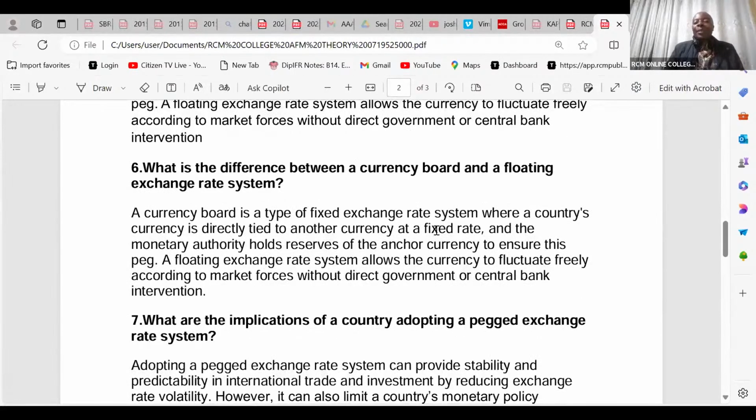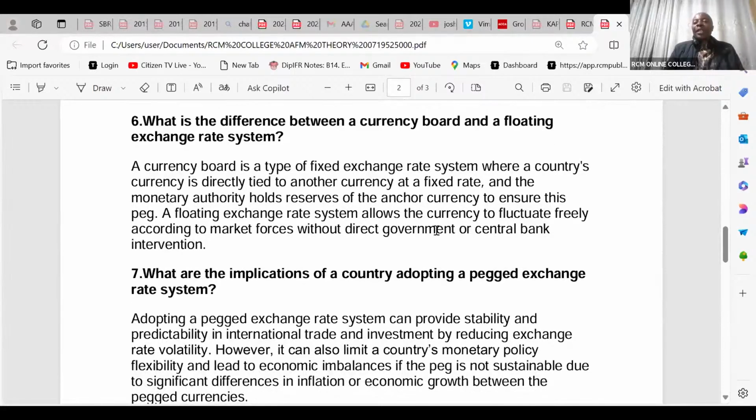So what are the implications of a country adopting a fixed exchange rate, a peg, or board currency exchange rate, where you just peg to another currency and then fix it? Adopting a pegged exchange rate system can provide stability and predictability in international trade and investment by reducing exchange rate volatility.